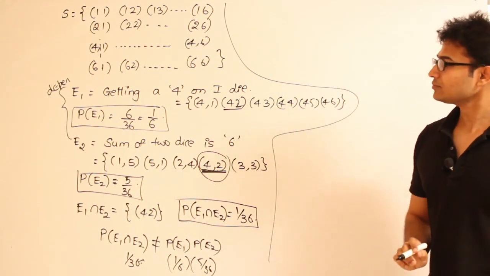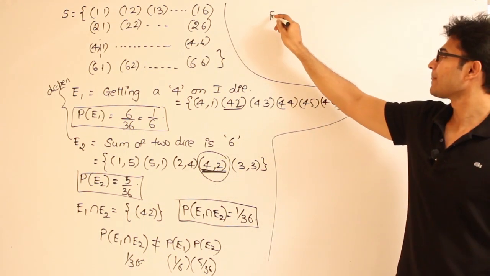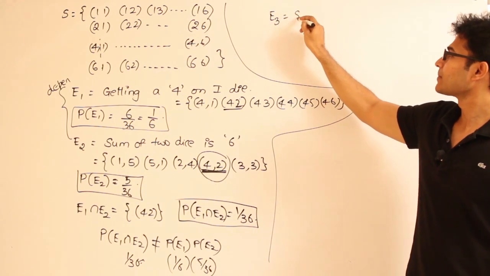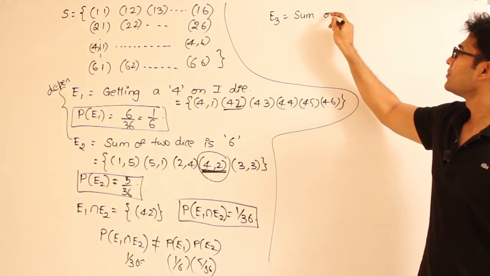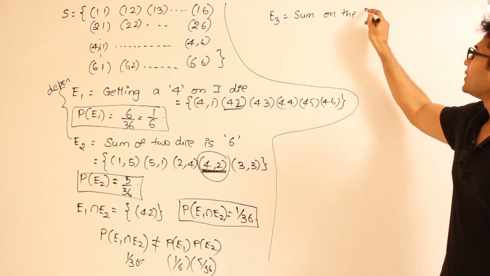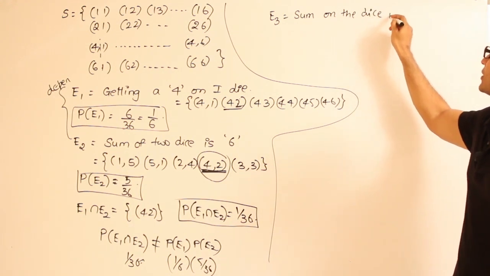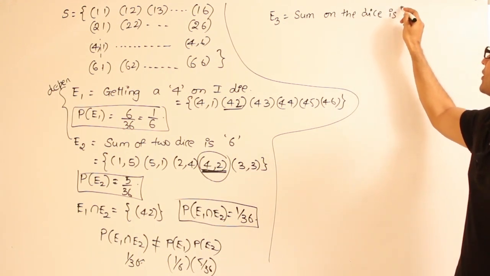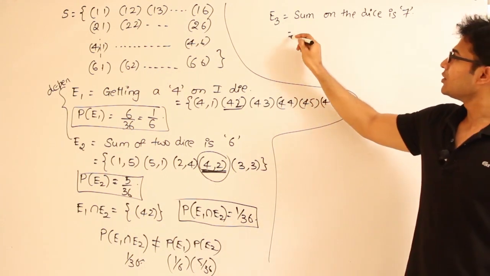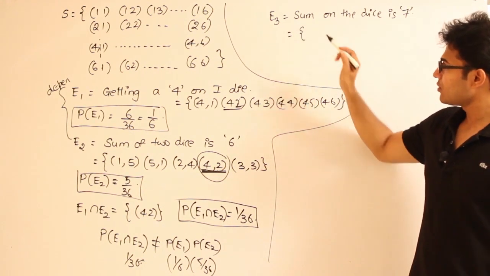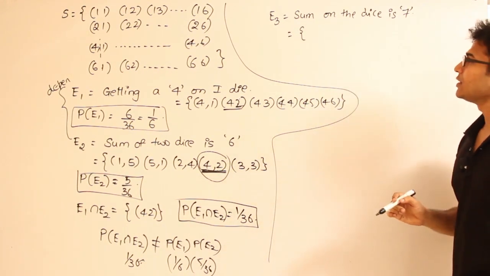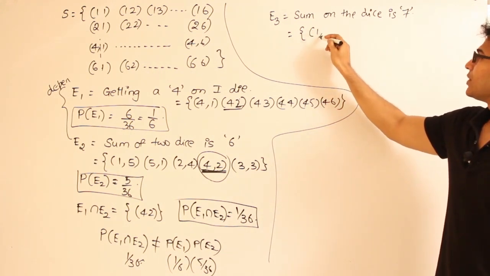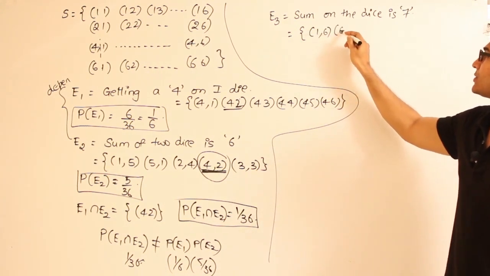Let's say E3 is an event that the sum on the dice is 7. Okay, so what is the probability of E3? Now find out what are all the possibilities for E3. One possibility is (1,6) and (6,1).